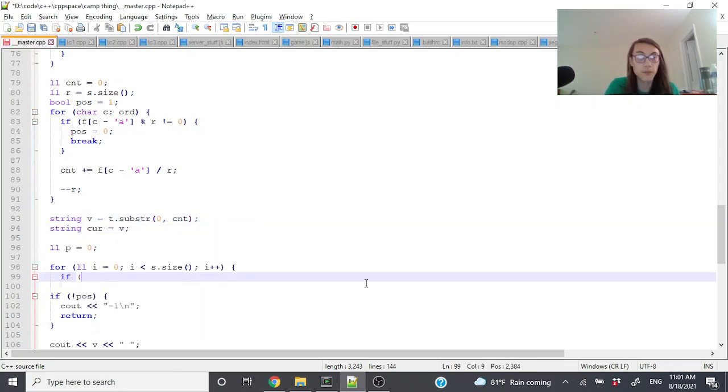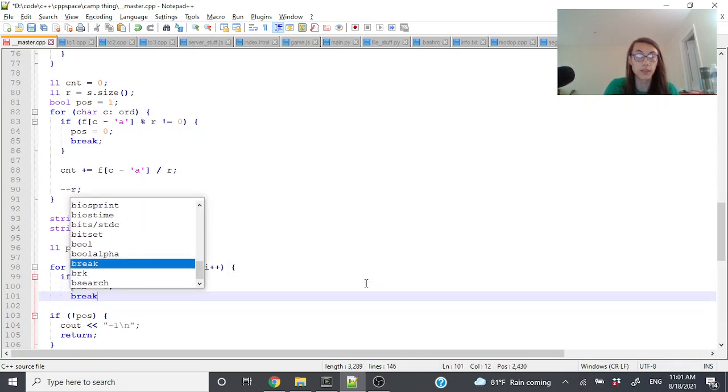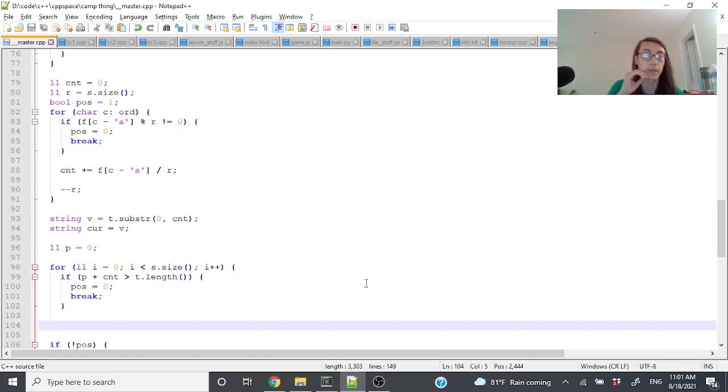Okay, so if, let's see, p plus count is greater than t.length, pos equal to 0, break. If we don't have enough characters, we're automatically done.